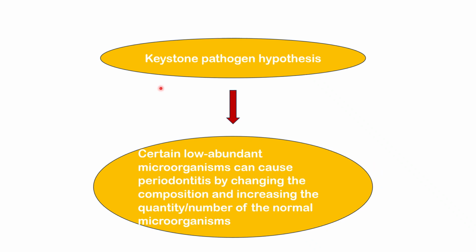The next hypothesis is the keystone pathogen hypothesis. In this, certain low abundant microorganisms can cause periodontitis by changing the composition and increasing the quantity or the number of the normal microorganisms.